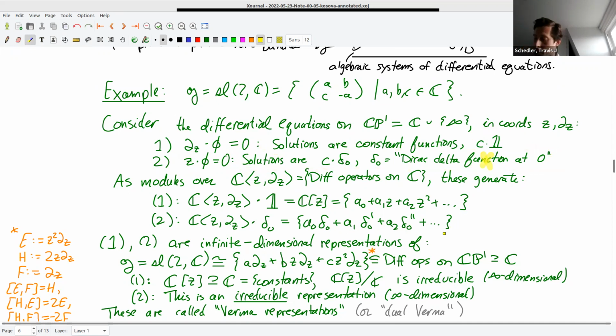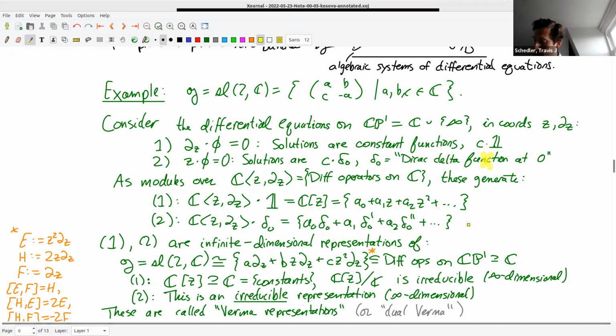But we call it the Dirac delta function. It makes sense to differentiate it, to act by differential operators, and to call this a solution. So in either case, as modules over all differential operators, these generate something interesting. The constant function, if you act by differential operators, you get all polynomials. And the Dirac delta, if you act by differential operators, looks very similar, but you get all the derivatives of the Dirac delta.